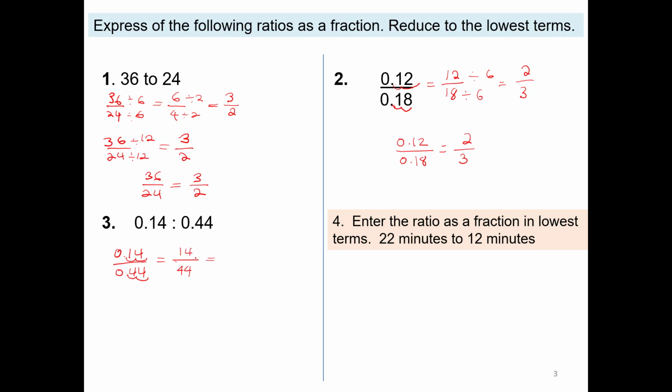Now we reduce to the lowest terms. We can divide by 2. 14 divided by 2 is 7, 44 divided by 2 is 22. And finally we had 0.14 over 0.44 equals 7/22.